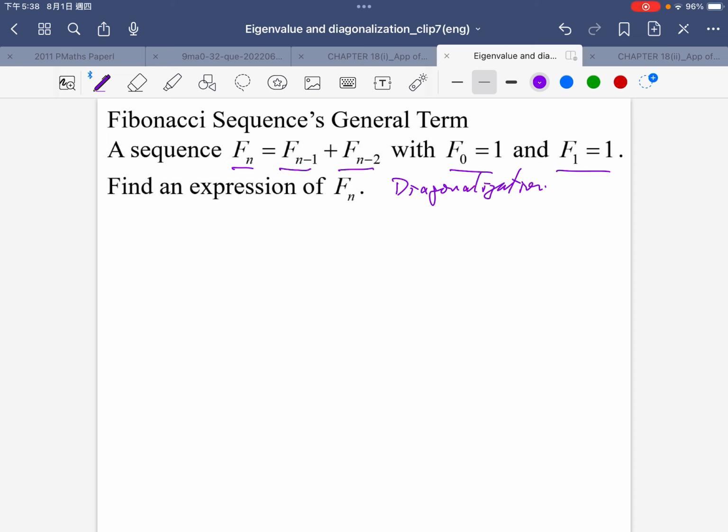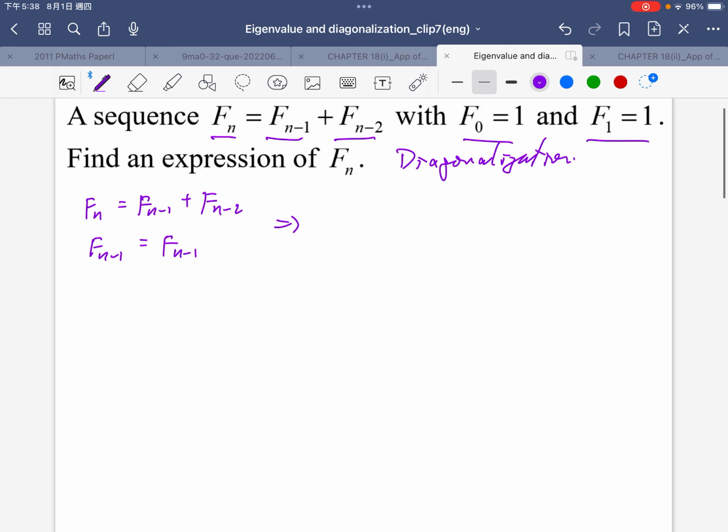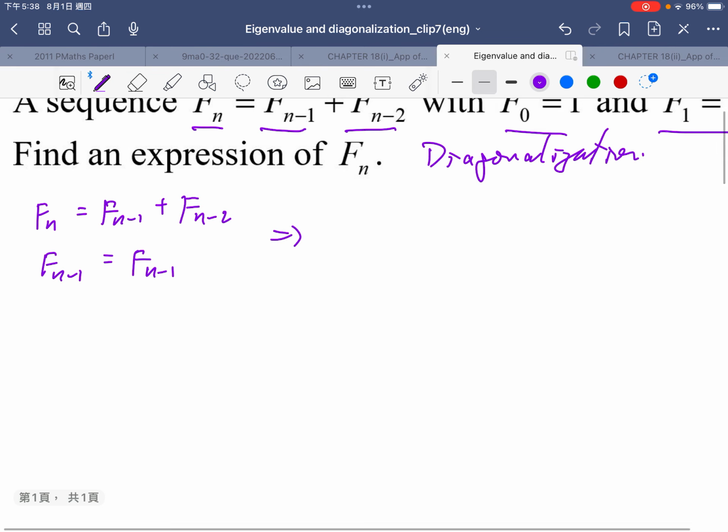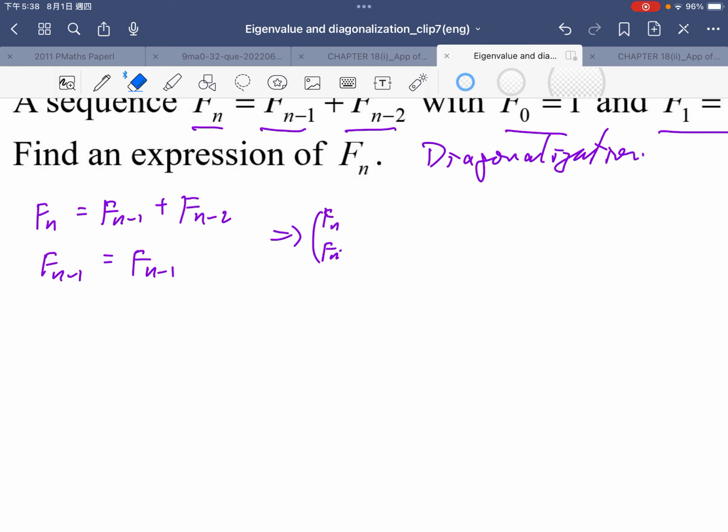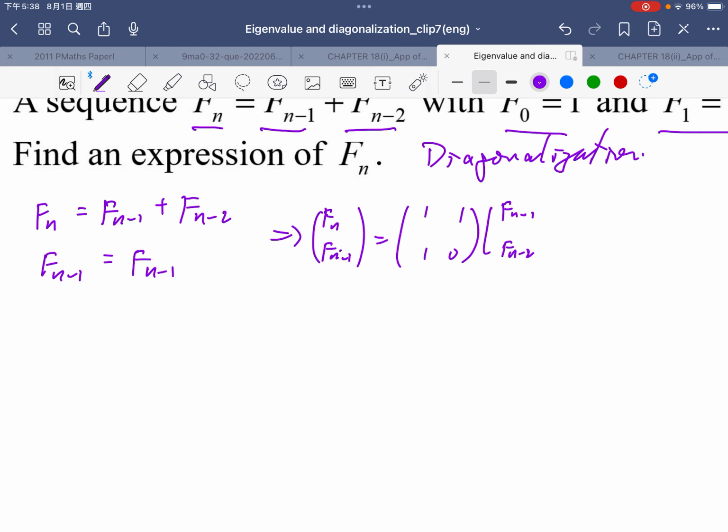Okay, first I have to set up a matrix form of the Fibonacci sequence. Fn is equal to Fn minus 1 plus Fn minus 2, and Fn minus 1 equal to Fn minus 1. This gives the expression: the vector Fn, Fn minus 1 equals the matrix 1 1, 1 0 times the vector Fn minus 1, Fn minus 2.